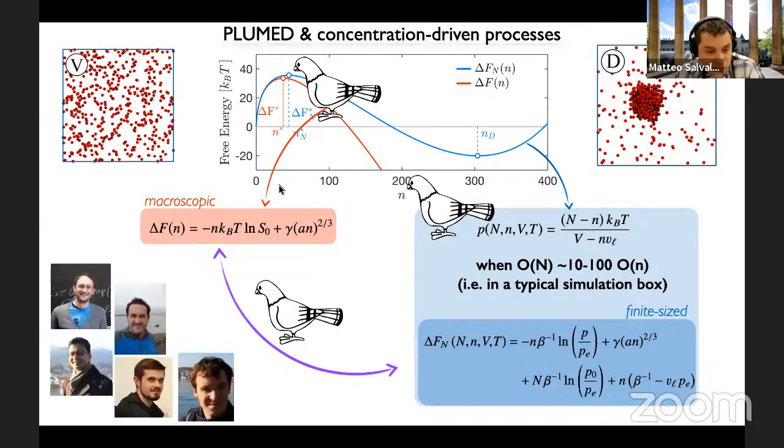And before I start, I would like to acknowledge the people that are active, especially in this third branch of this endeavor of using PLUMED in this context. In particular, Claudio Perego, who developed the method that I will discuss, and Tarak Karmakar, who's been using it more recently in very interesting applications for nucleation, free energy calculations, and so on.